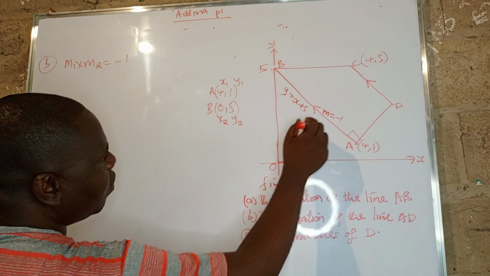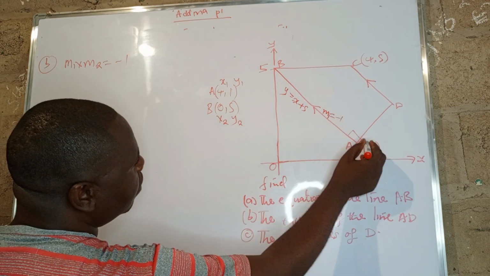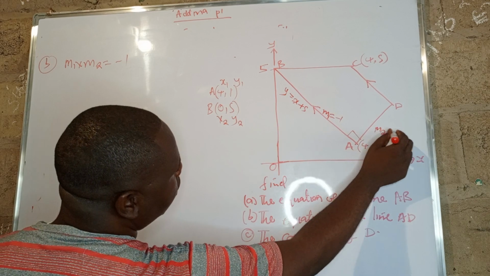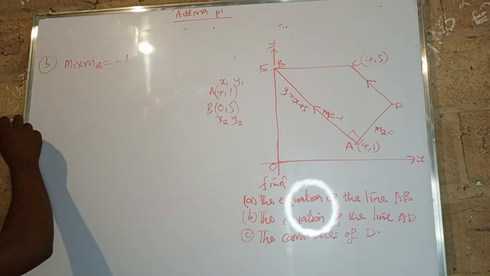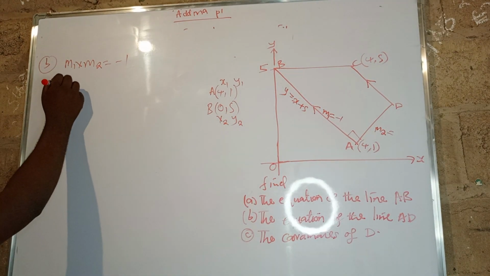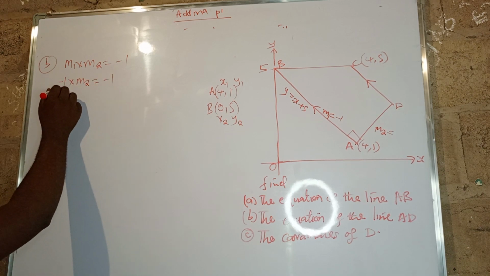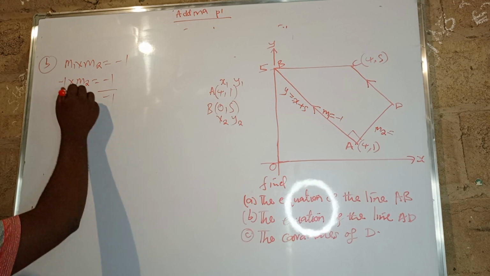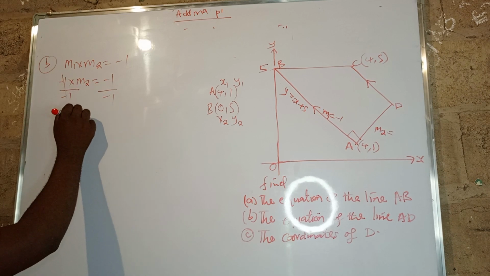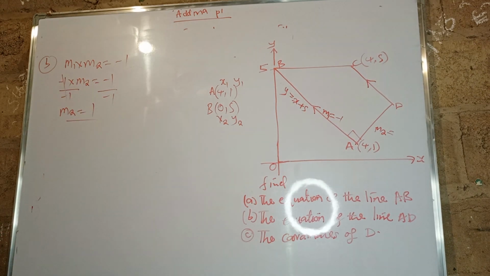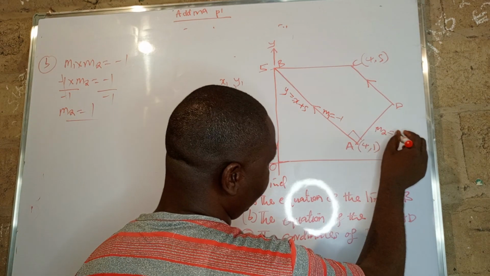So this will be our M1 and this I'll put as M2. M1 is negative 1. So negative 1 times M2, which I don't know, is equal to negative 1. Dividing both sides by negative 1, they cancel, so M2 is equal to 1. So my gradient here is 1.